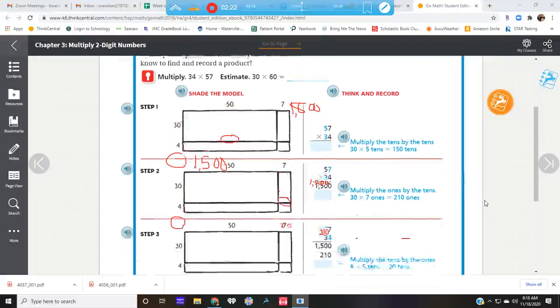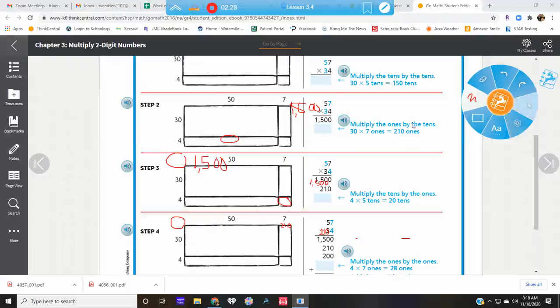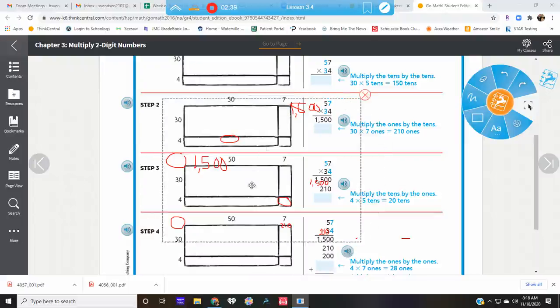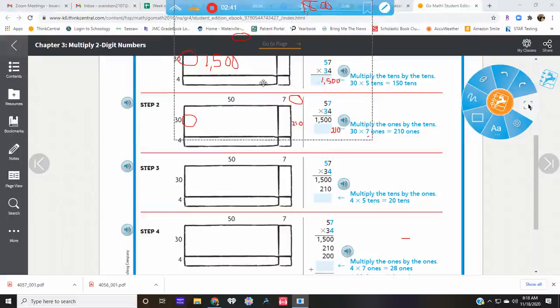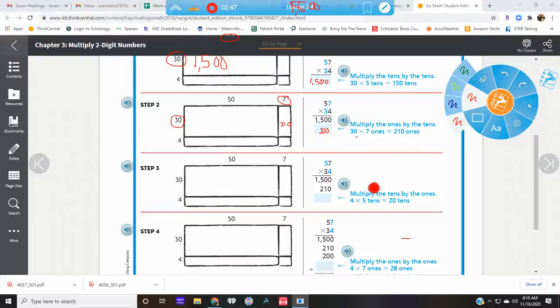Let's go down first, and I can move this stuff up as we go. Alright, so let's keep going here. Now we're going to multiply the 4 and the 5 tens.